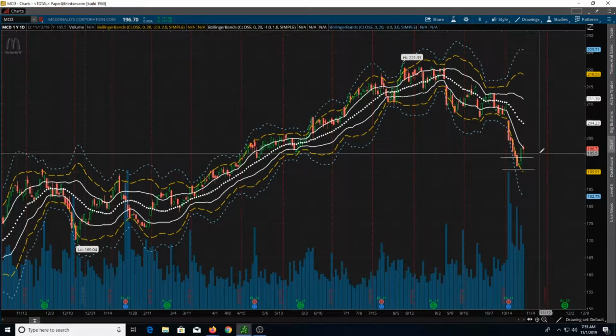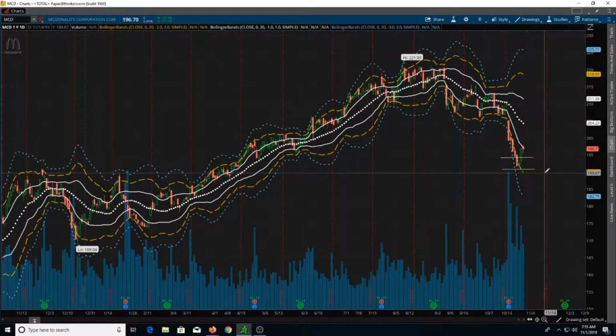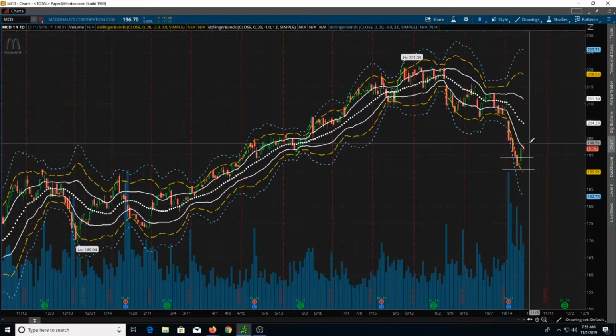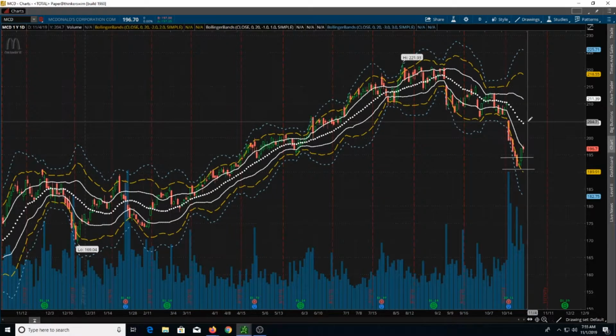The other trades I would like to do typically would be a credit spread at about the 190 level, or a broken wing iron condor. The reason I say a broken wing iron condor as opposed to a regular iron condor is I do still expect a move back up into here.